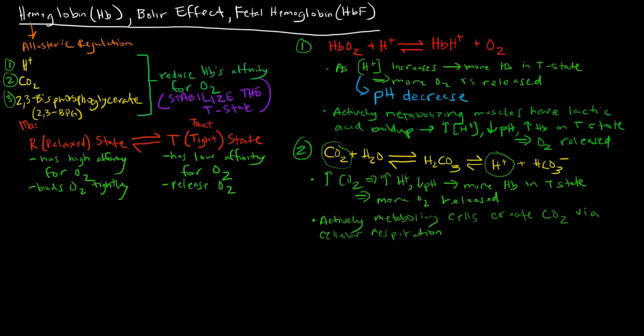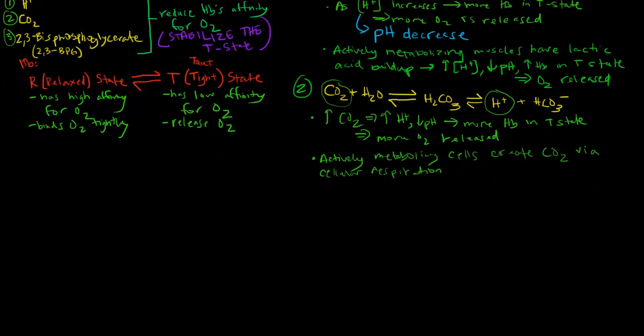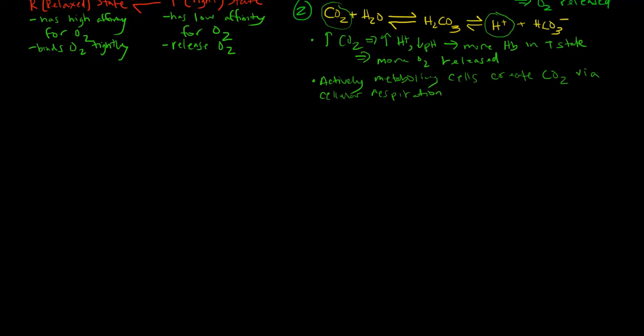Okay, now let me break that down in a little chart before I actually get to discussing 2,3-BPG. So essentially what we've got here is we've got lungs, right? Our lungs, and we've got actively metabolizing tissues.